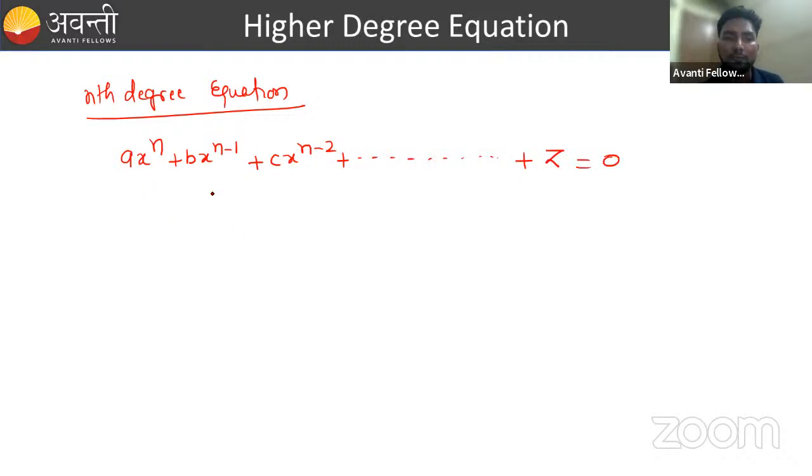So if it is nth degree, how many roots are possible? N roots are possible, okay. So now I will not take alpha, beta, gamma and phi, I am taking all the roots: alpha 1, alpha 2, alpha 3, like this up to alpha n. There are n roots.